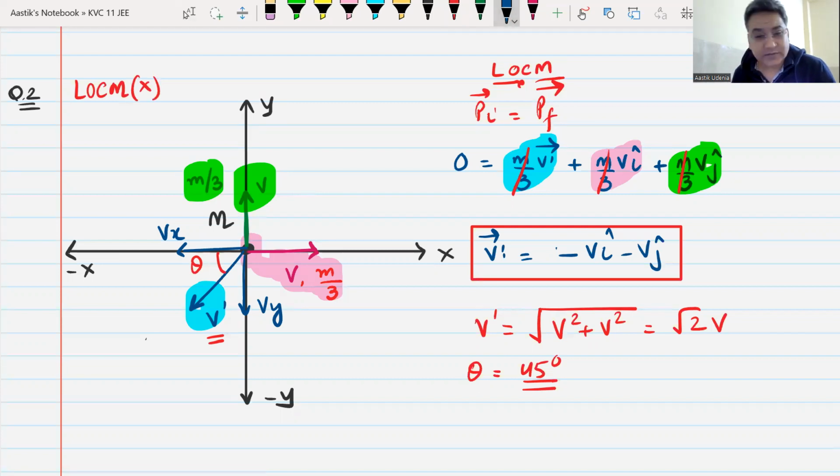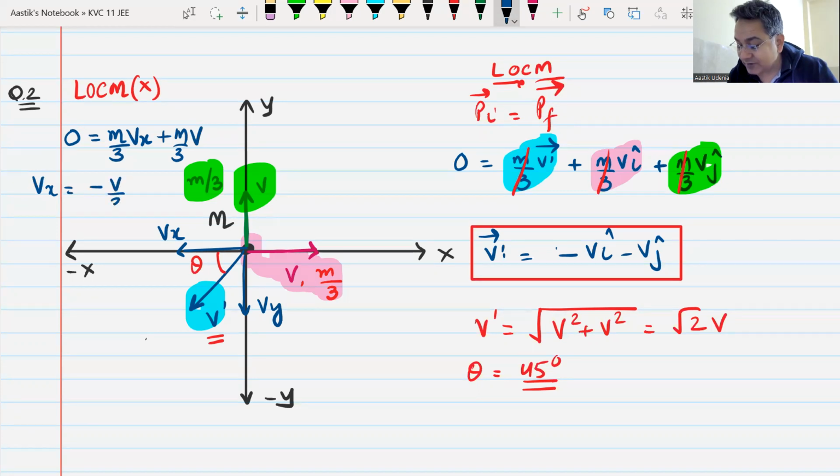The final momentum should also be 0. So this 0 should be equal to m by 3 into Vx plus m by 3 into V. This is the momentum of the body which is going along the x-axis. So I will get the value of Vx as minus V by 3. Minus means if this is going in the plus x, this one is going in the minus x.